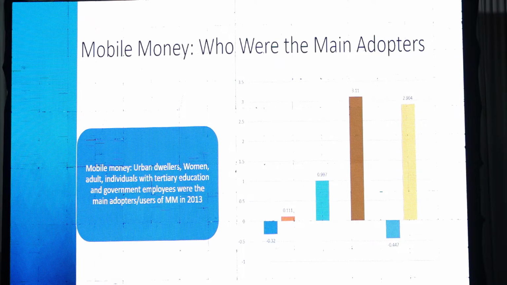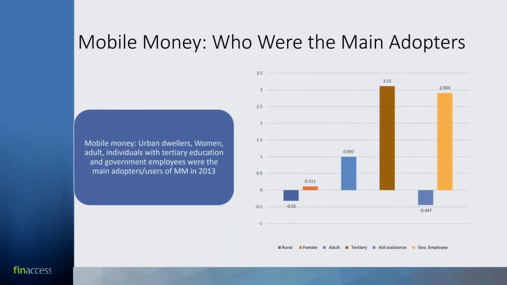Then what we did was to also use the base regression analysis to look at who were the main adopters of mobile money in 2013, and then to look at the performance of mobile money adopters in the following years. Okay, so what we notice is that there are, again, three characteristics that play a major role in explaining the probability of adopting mobile money.